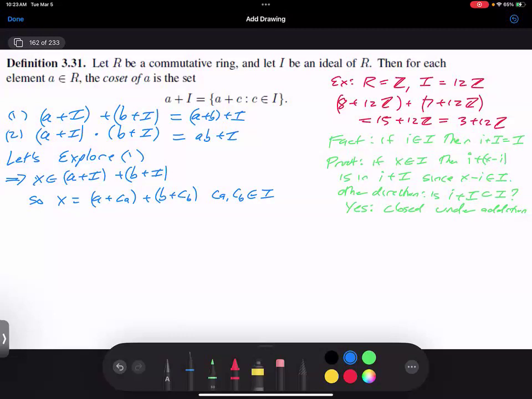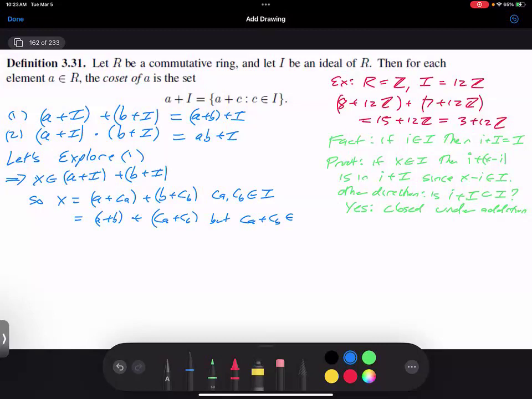So remove the parentheses, and once we remove the parentheses, what should we do? Which things do you want to move together? Yeah, so we'll move the C's together and the A's together. So we can write this as A plus B plus CA plus CB, but CA plus CB is in what?